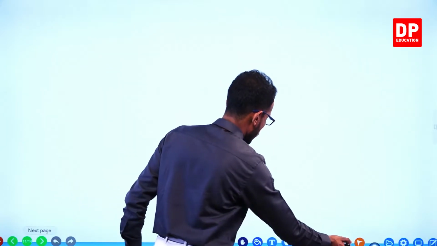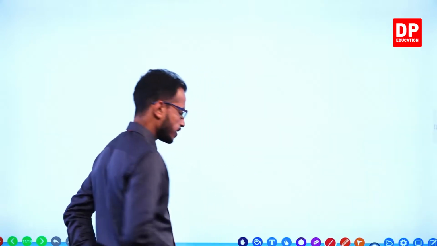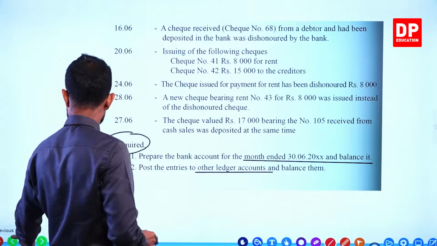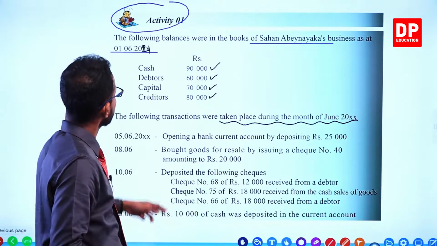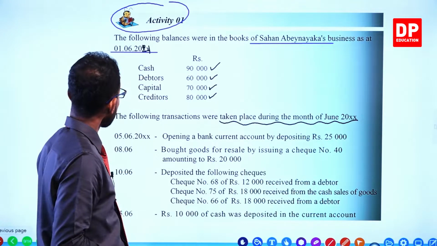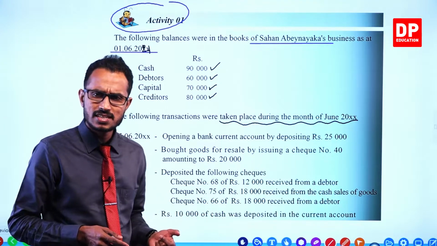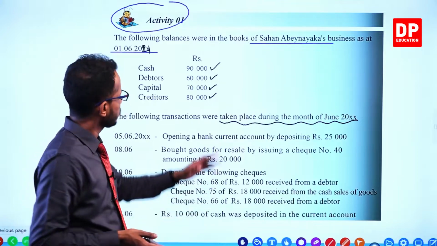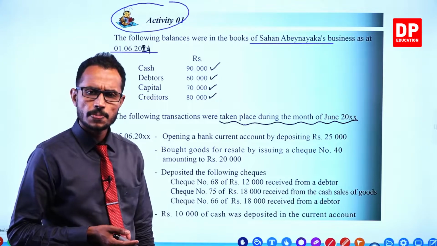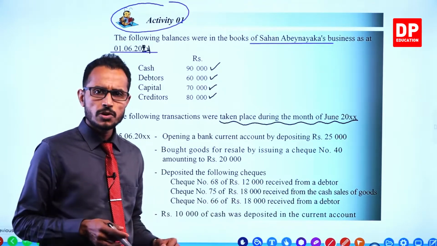Cash. So when we get a cash balance, we need to check first: is this a cash at hand balance or a cash at bank? Is it a bank balance or a cash balance? Well, it seems to me it should be a cash at hand balance. When you look at the first transaction, you can confirm it.